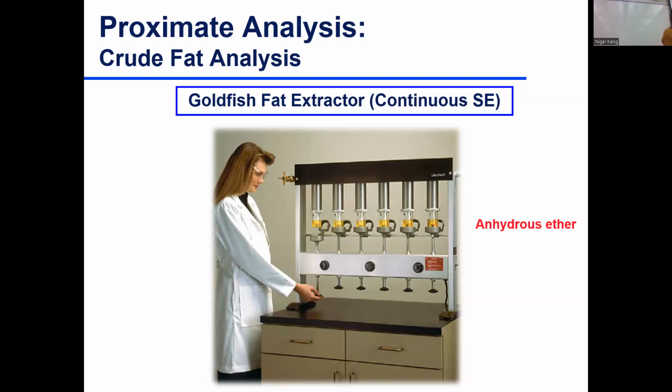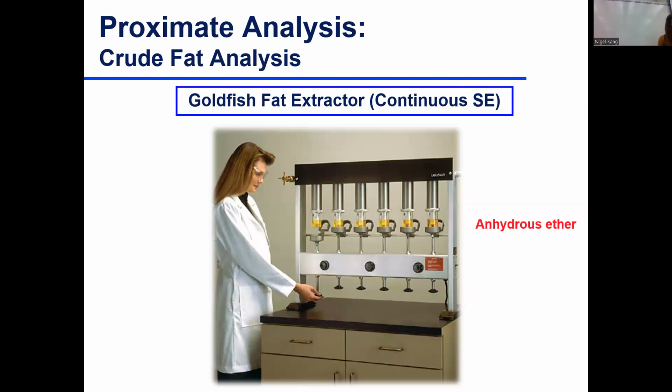So there is no time for your sample to completely get soaked with the solvent. And that might make an issue, which is channeling. That means the solvent goes to your sample, then it evaporates, condenses, gets back without extracting the fat. That is one issue we have with this.